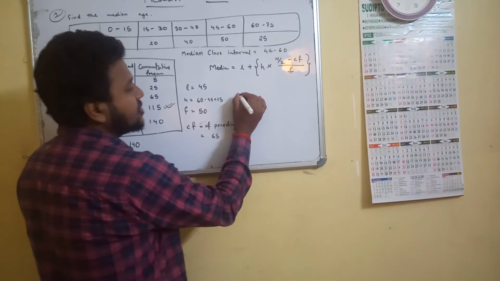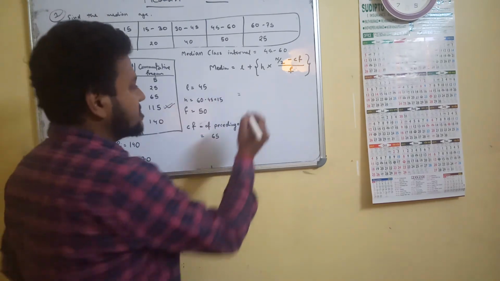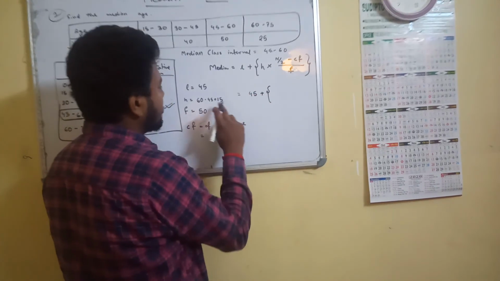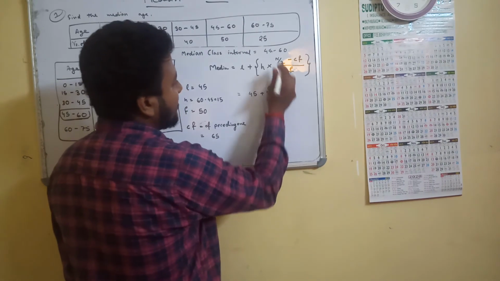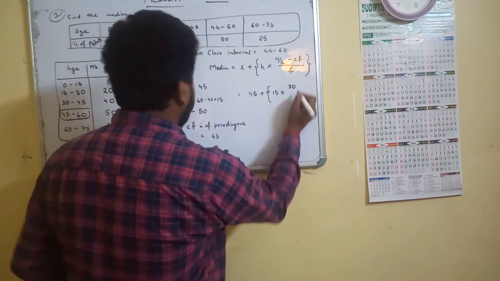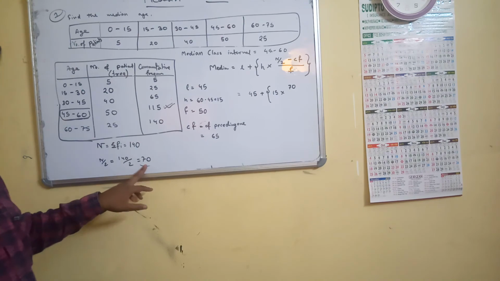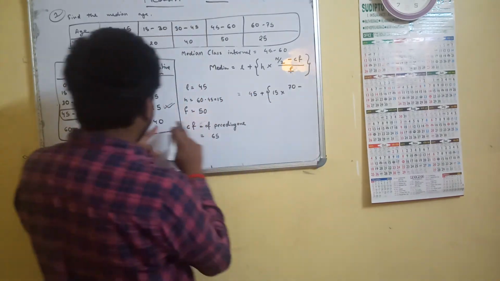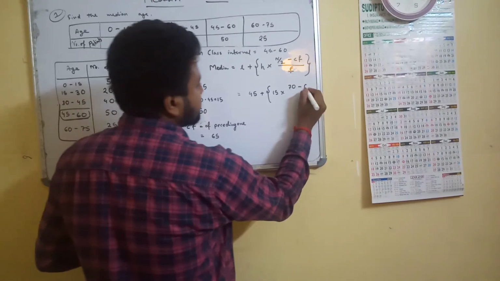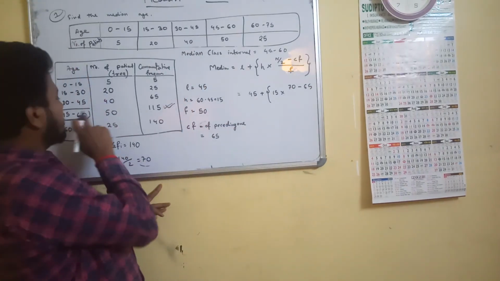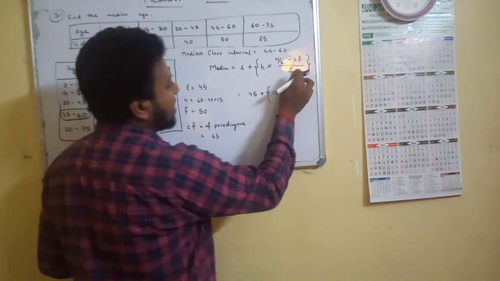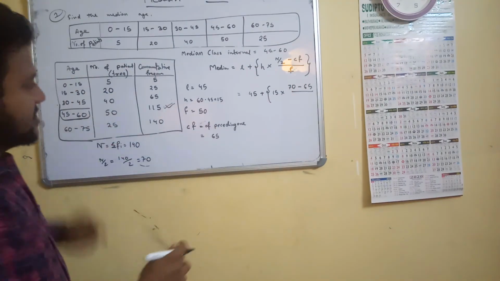Now we are going to solve it. We have L equal to 45, plus H, which is 15, into N by 2, which is 70, minus CF, which is 65, divided by F, which is 50.